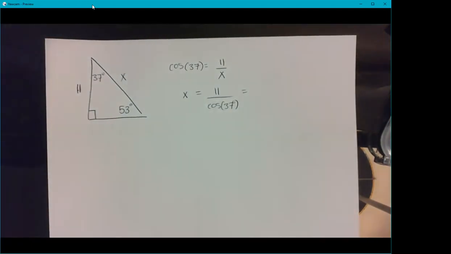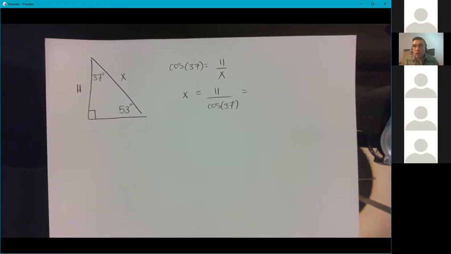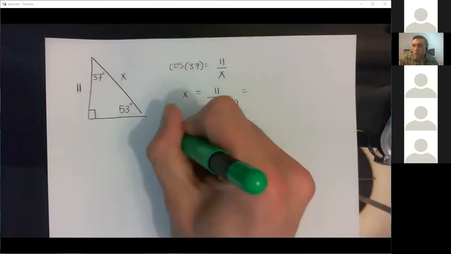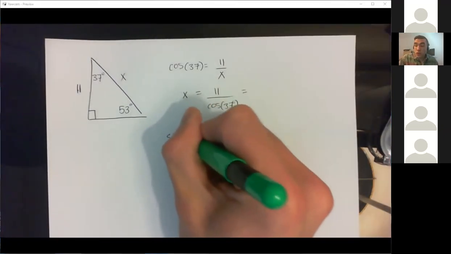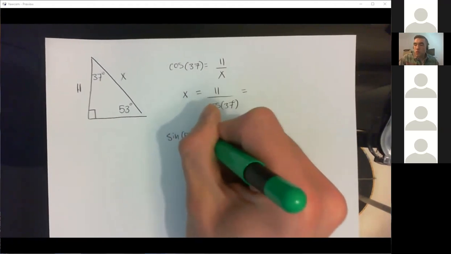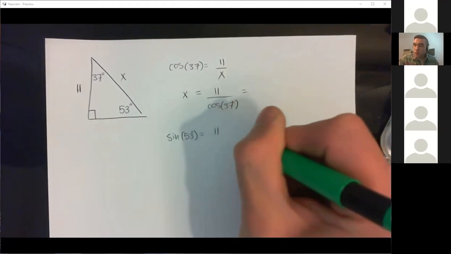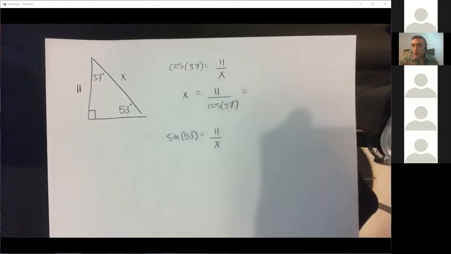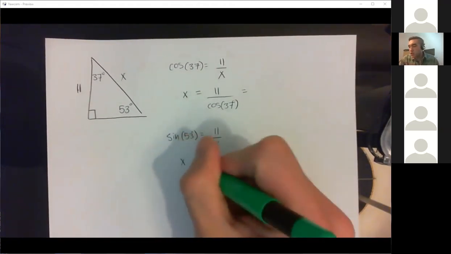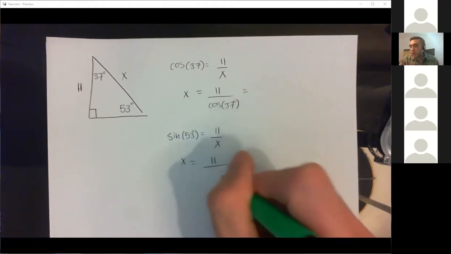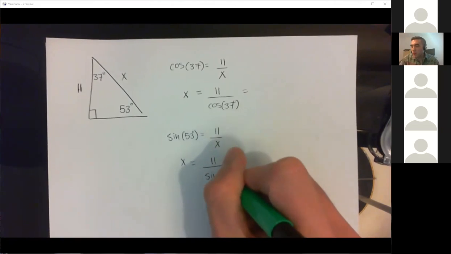So which ratio, according to SOHCAHTOA, is made of opposite and hypotenuse? Sine. So sine 53 is equal to opposite divided by hypotenuse. Again, I can solve for x by cross multiplication. x is going to be equal to 11 divided by sine of 53.